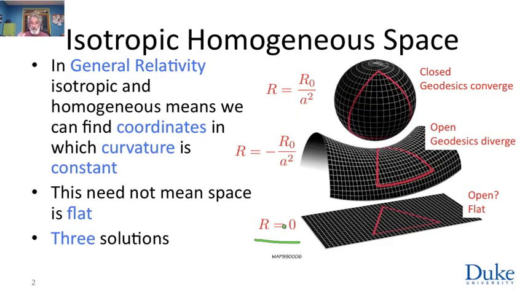And in 3 dimensions, we live in a 3-dimensional space. So our space at any given time, it turns out, is one of 3 types of spaces analogous to these 3. It can be a space of constant positive curvature, which is a 3-dimensional extension of the surface of a ball. In fact, it's called a 3-sphere.